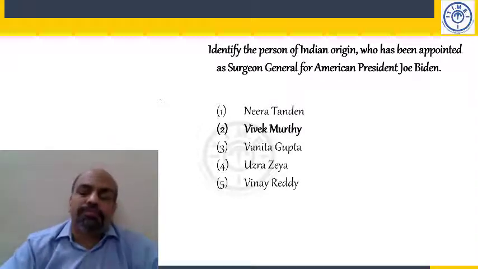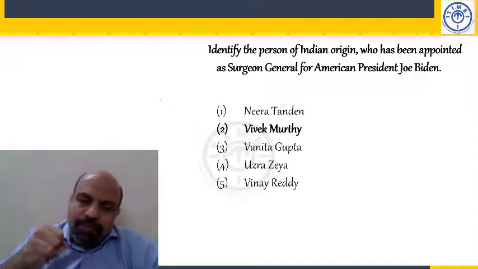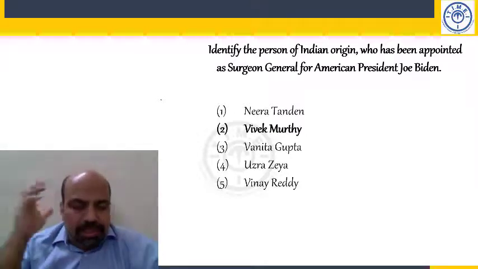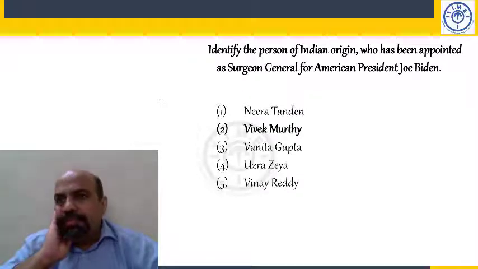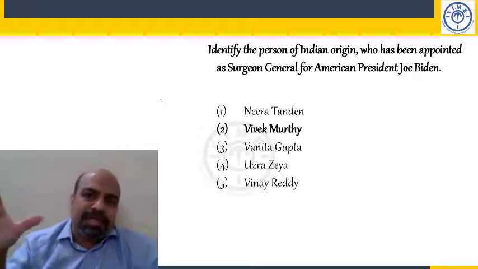She has been seen as a very polarizing figure because of what she has done in the past. And she is one of the major persons behind the Affordable Care Act.